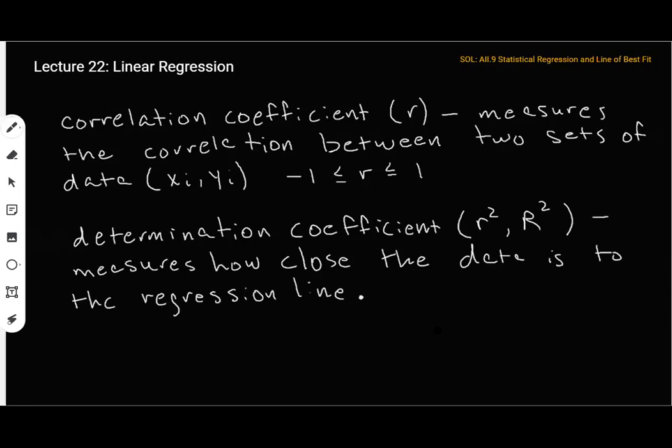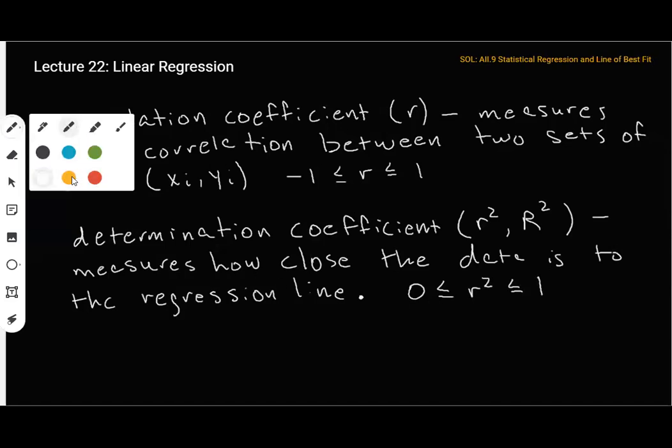Now, since we're squaring R, if you square a 1, you'll get 1. If you square a -1, you'll get a +1. And if you square 0, 0 times 0 is going to give you 0. So the R squared is going to range between 0 and +1.